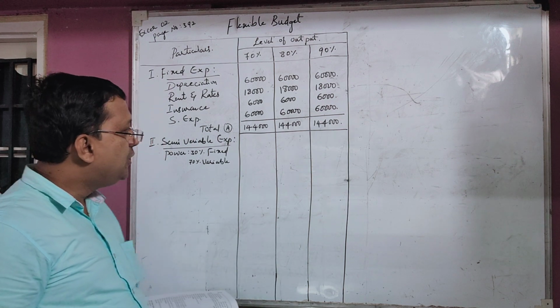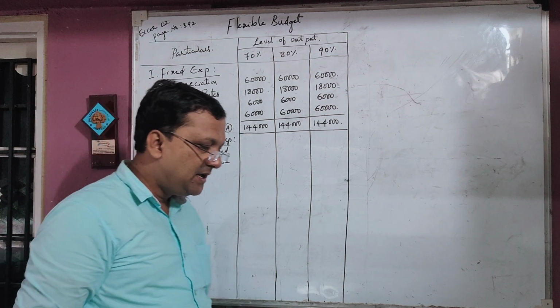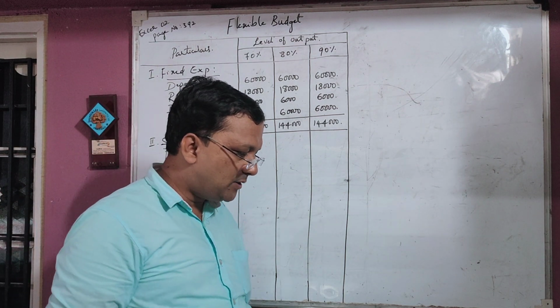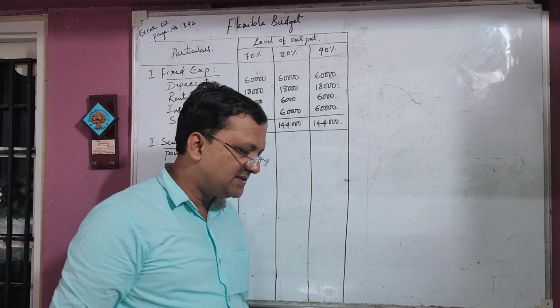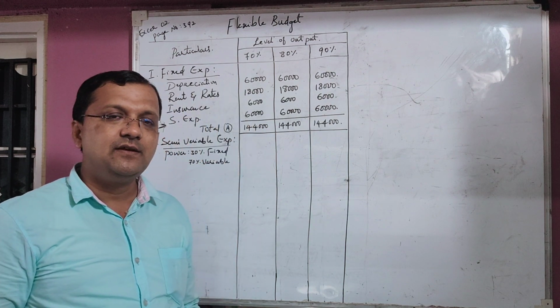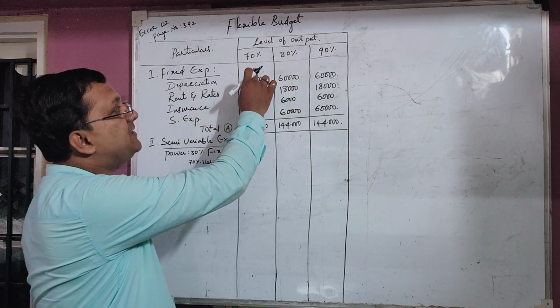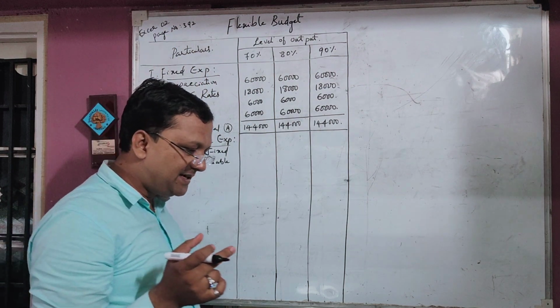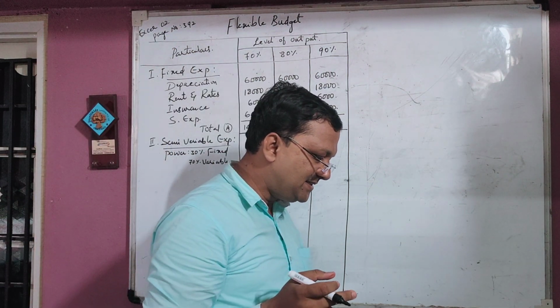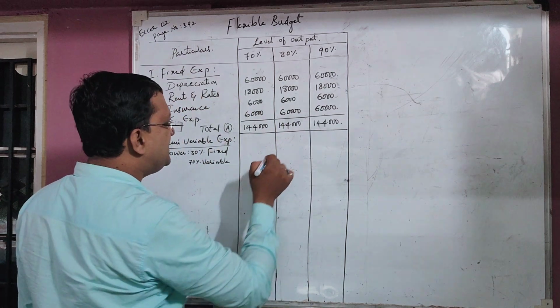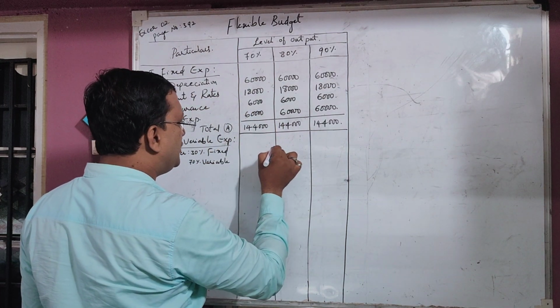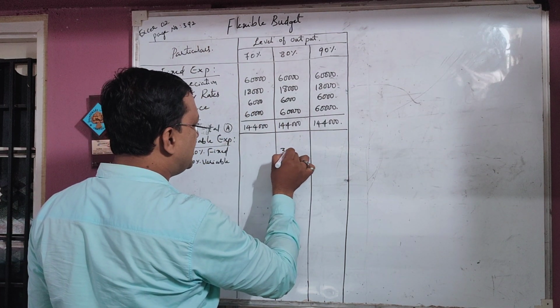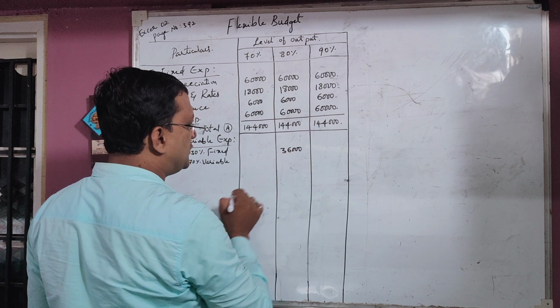1,20,000 rupees is given. Total 1,20,000 rupees. Out of that 30% is fixed, 70% is variable. That is not for 70% capacity, that is for 80% capacity. For 80% capacity, 30% is fixed, nothing but 1,20,000 into 30%, 36,000.